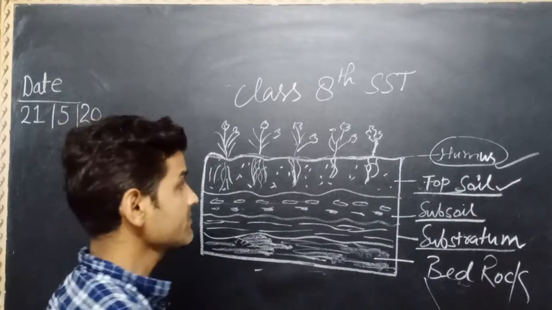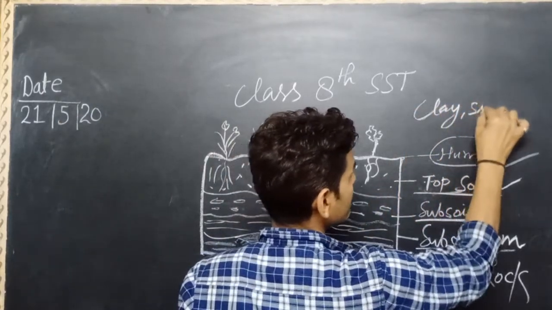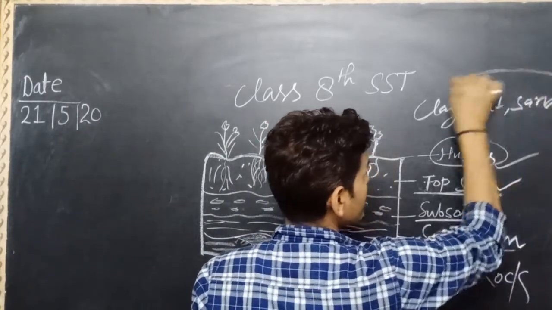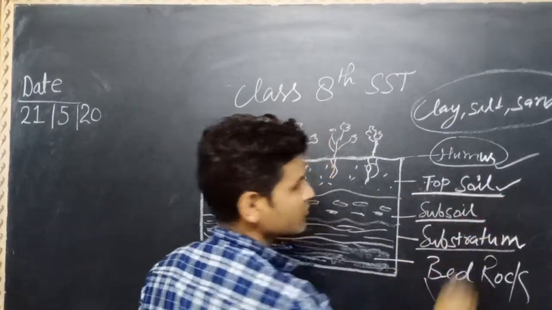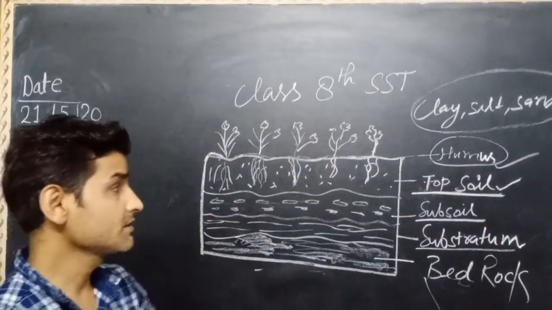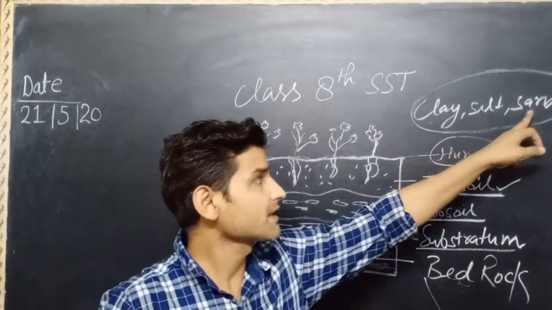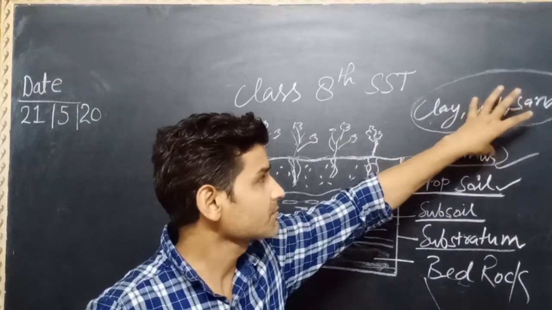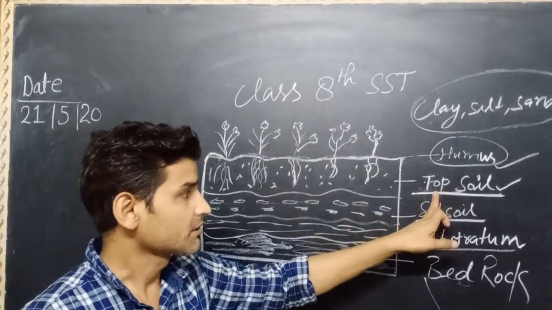These three combinations make the layer of topsoil. Means the combination of these three creates the topsoil.